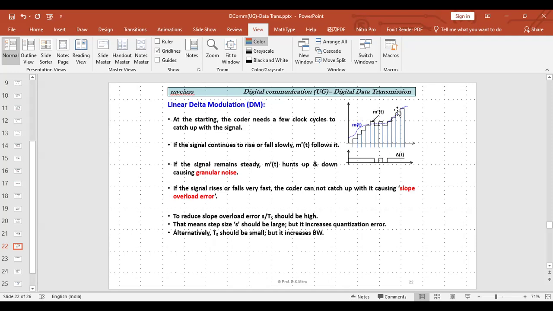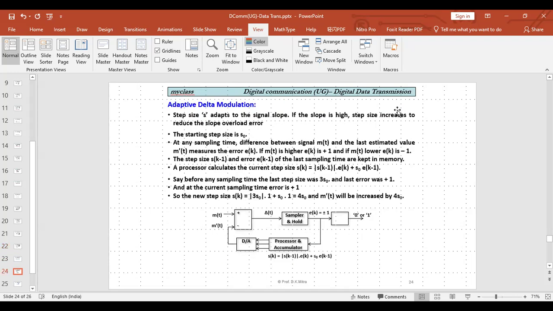And when the rate of rise of the signal becomes normal, then once again it reduces the step size to normal. That means, can my system adapt to the nature of the signal? That is the question. Now, keeping that in mind, some clever engineers have designed this adaptive delta modulation.